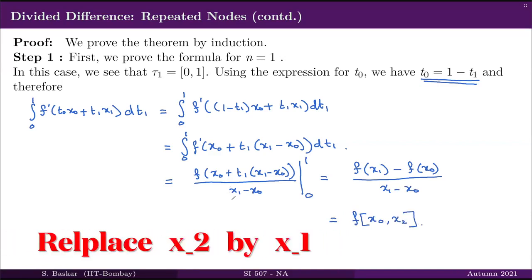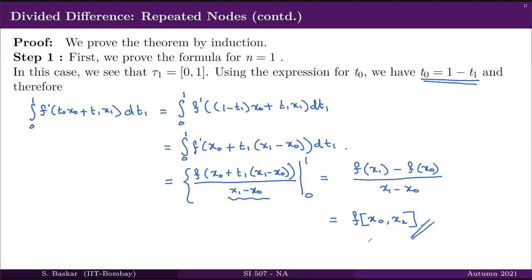When x1 and x0 are distinct, this step is perfectly meaningful, and that leads to our classical definition of the divided difference of order 1. We started from the proposed Hermite-Genocchi formula with n equal to 1 and showed that it is nothing but the first order divided difference.